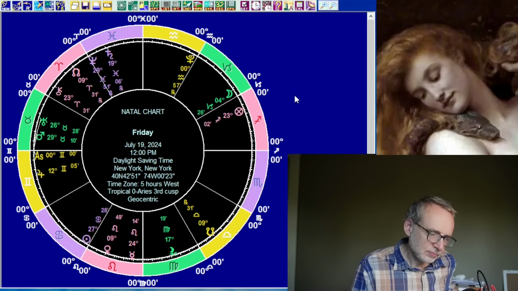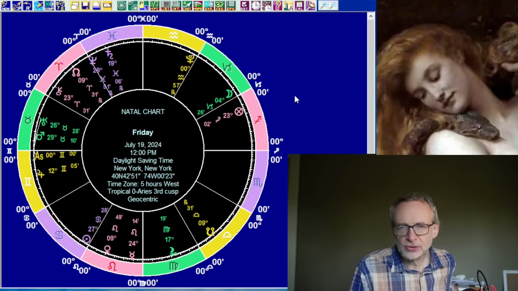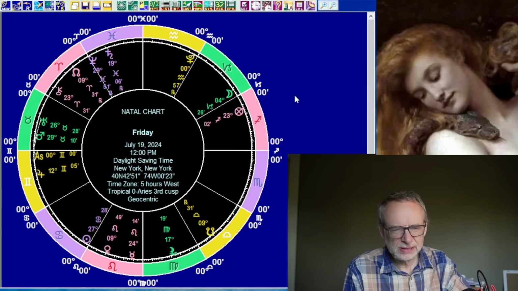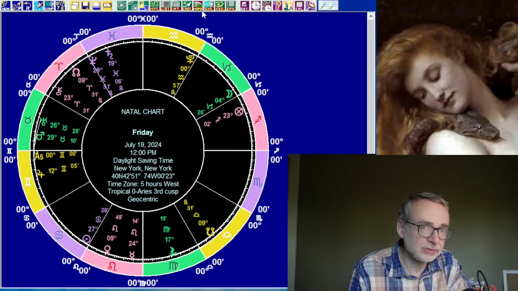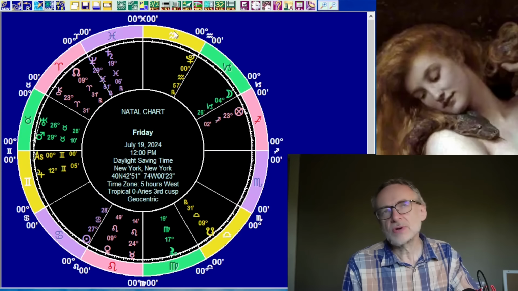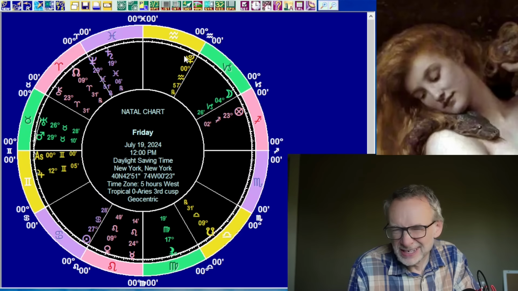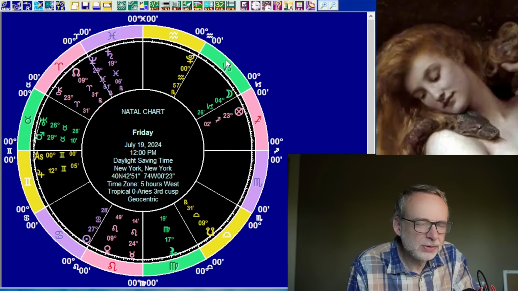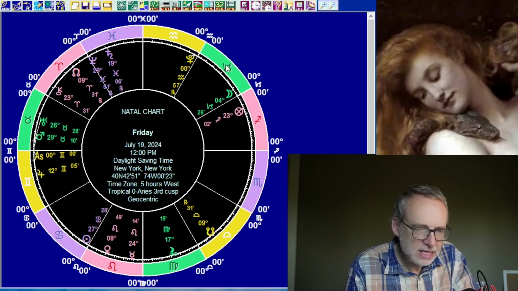Cancer. The moon is moving into Capricorn. And just before it moves into Capricorn, it makes a square to Neptune. So if you are a Cancerian who is perhaps in Asia, Australia, New Zealand, Philippines, whatever, you may be picking up more on that moon square Neptune than, say, for example, someone who lives in the Americas.